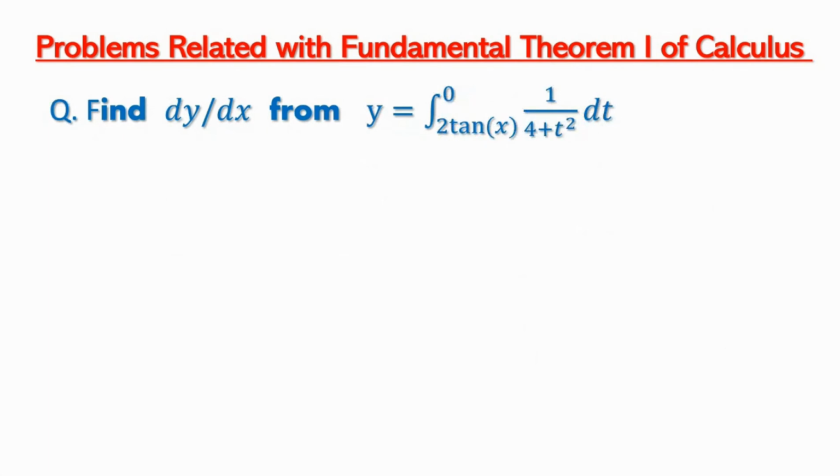Now next one is dy/dx for y equals the integral from 2 tan x to 0 of 1 over 4 plus t square dt. So again in this case we need to reverse the order of the limit.